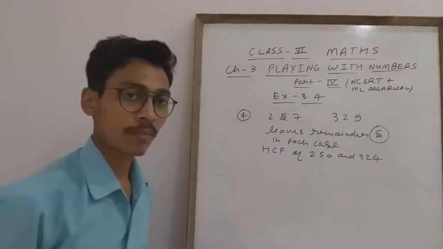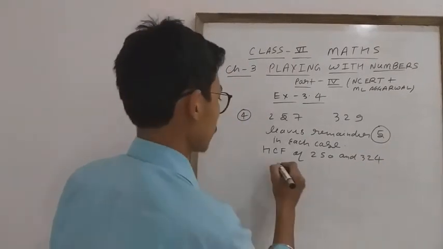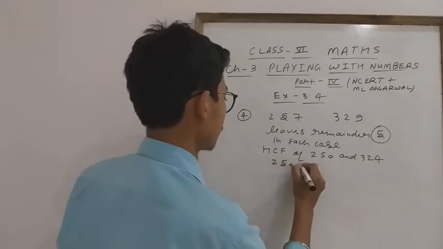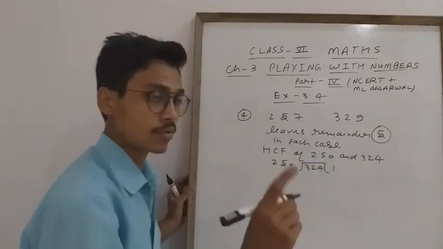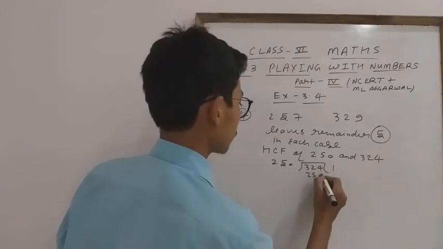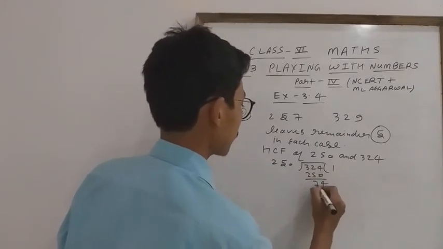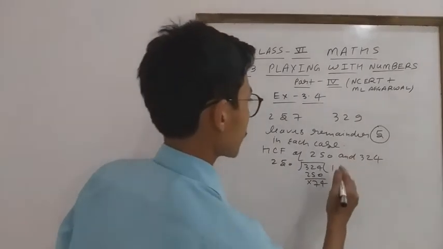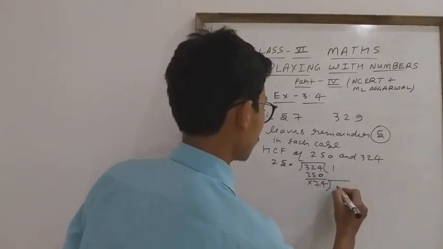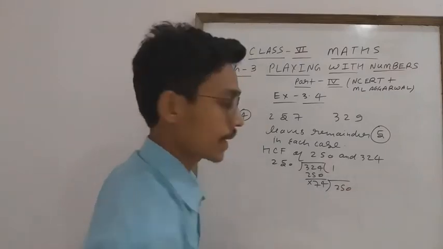Now any method you can apply. Here I am going to do the division method. So 250 and 324 are given. How many times will it come? 1 time. So 250. It will come 4, 12 minus 5, 7, cancel. Clear, everyone? Now 74 and 250 are given.